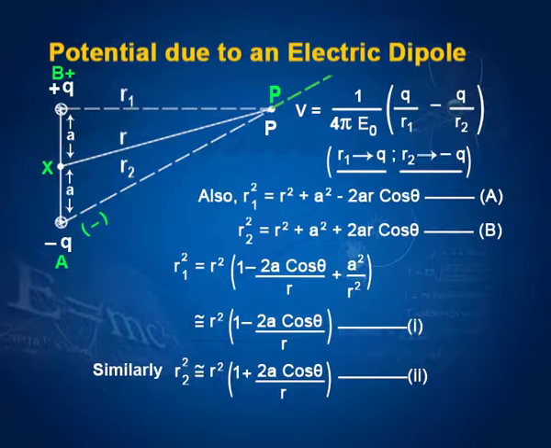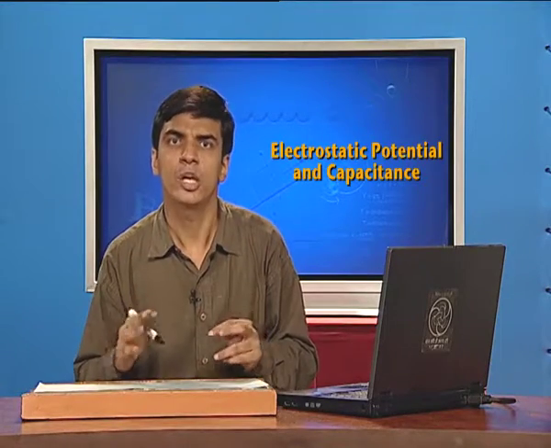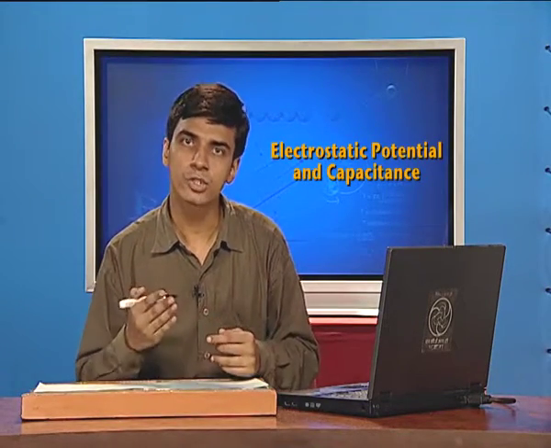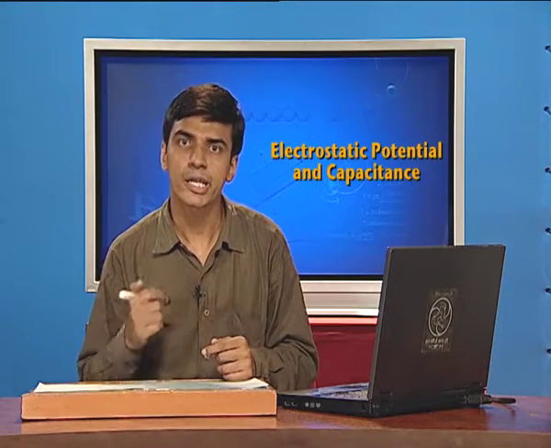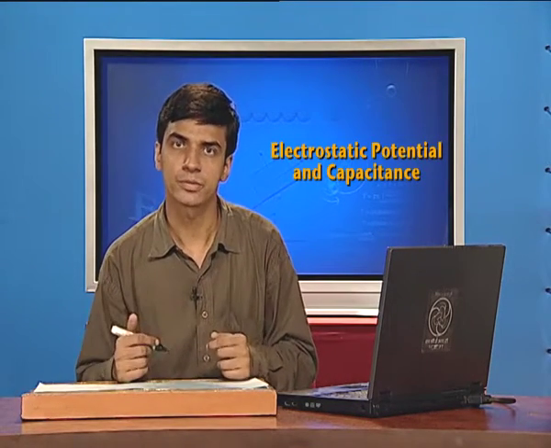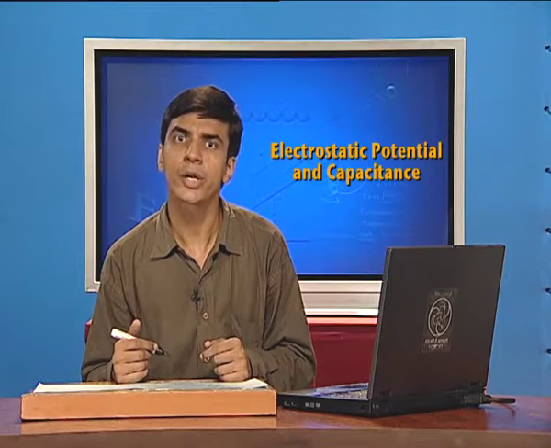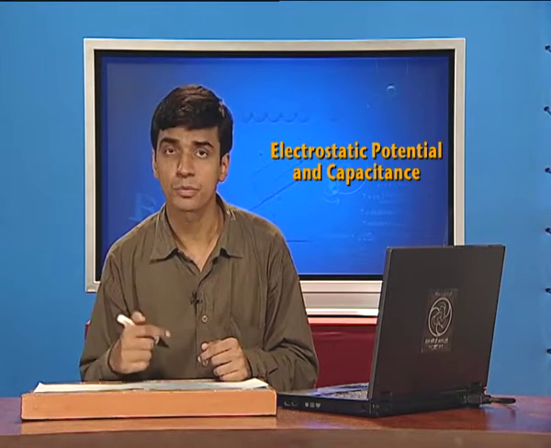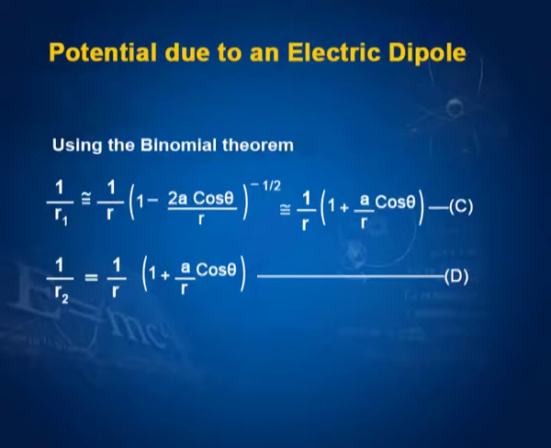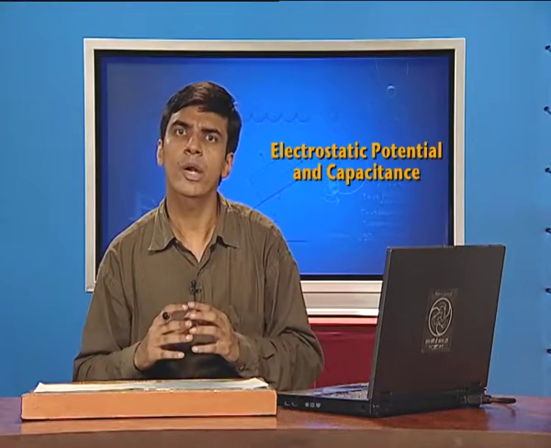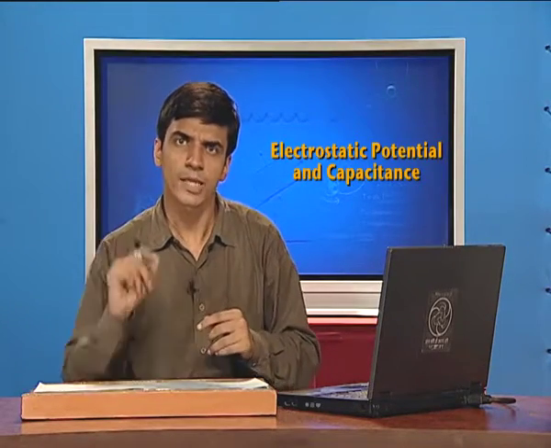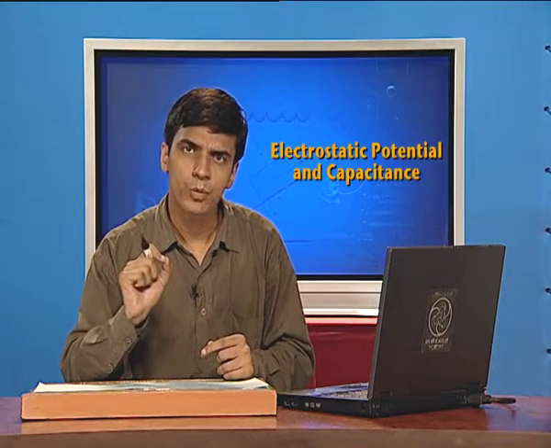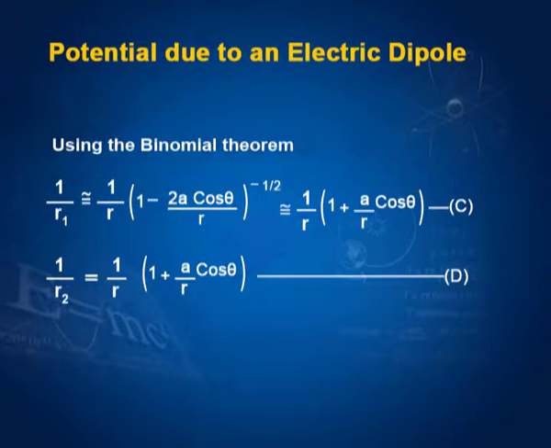Now the very next thing is very easy. You will have to find r1 square and r2 square in terms of r square, and for that you can take the help of the binomial theorem, which will solve your problem quite easily. When you arrive at the solution, you will be quite amused to see that the potential due to an electric dipole has a 1 by r square dependence.